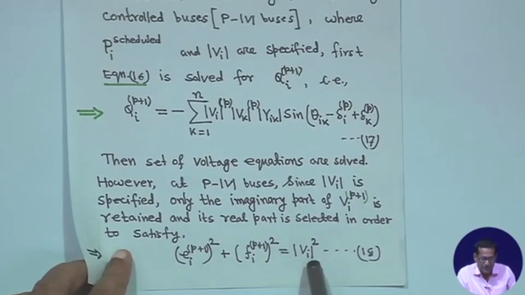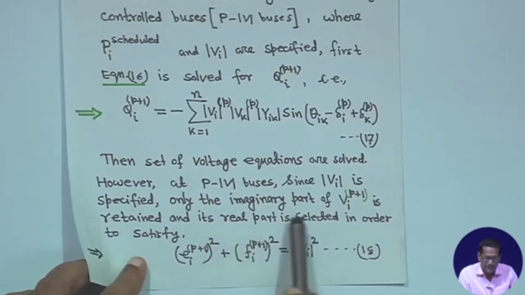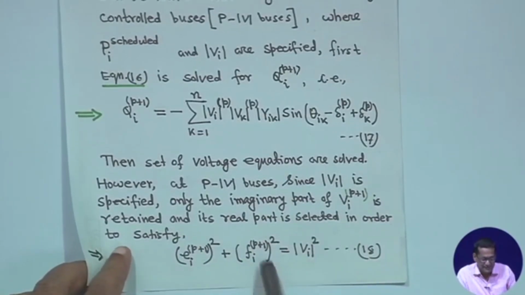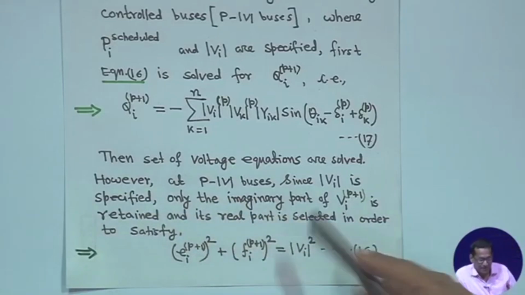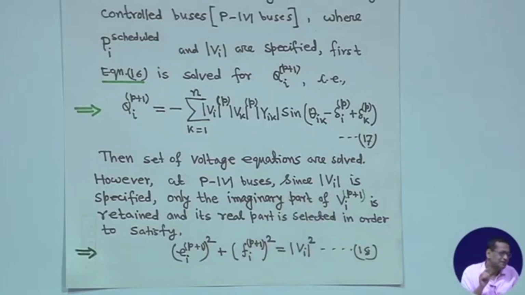Whatever we get, only the imaginary part is retained and the real part is selected in order to satisfy this. When solving the Gauss-Seidel method for the PV bus case, suppose for example bus 2 is a PV bus.